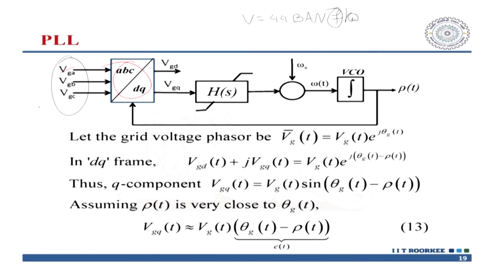Essentially, you try to align your A phase of the grid with the D axis, that is a convention, and ultimately you feed the Vq into the high gain proportional controller, mostly this one.